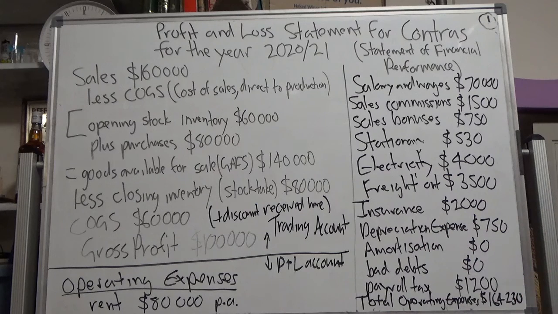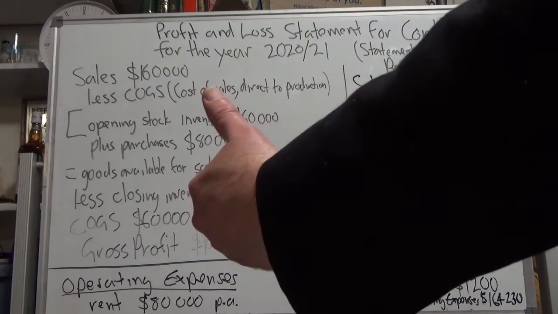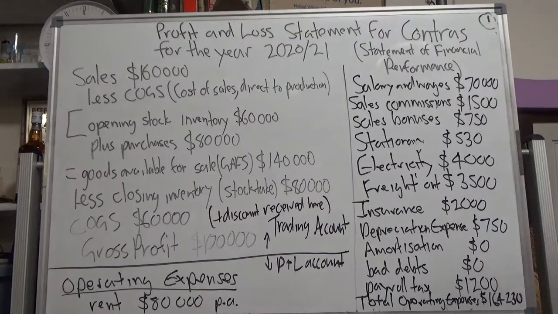Bad debts, when some people in your accounts receivable account don't pay the debt. First it's a doubtful debt, and then it's a bad debt. In this case zero. Payroll tax. In Australia at the state level, the state governments have implemented payroll tax for many years.